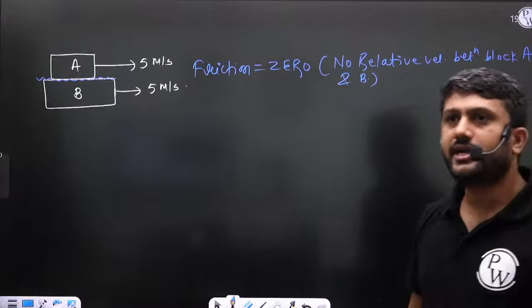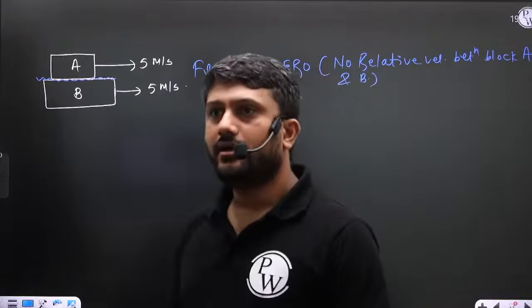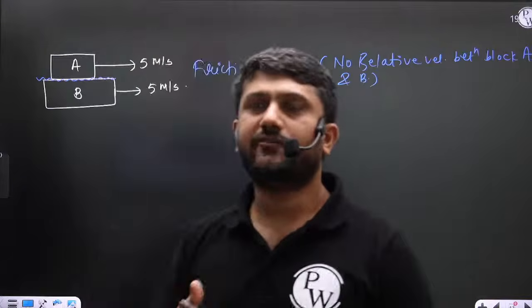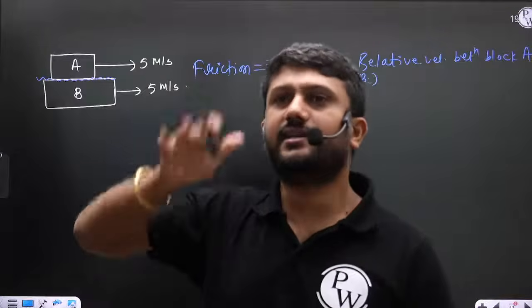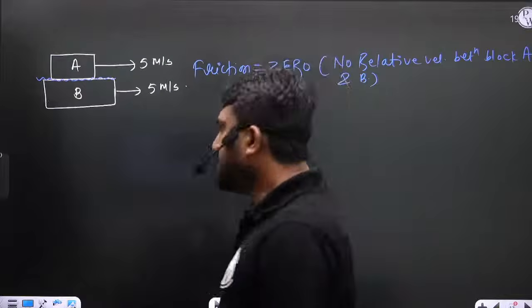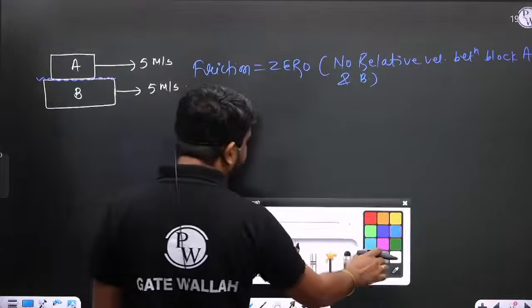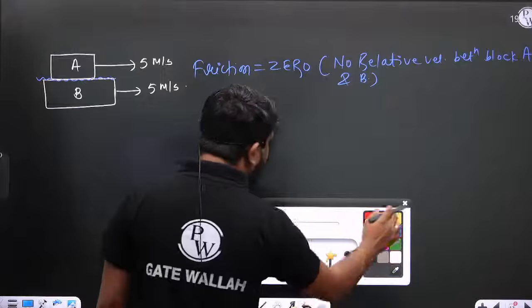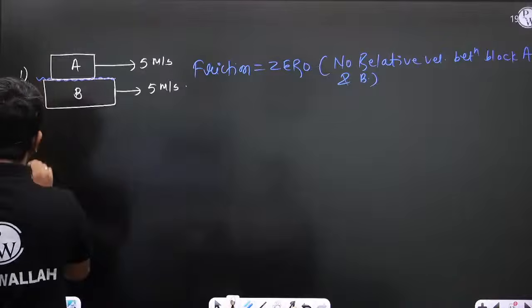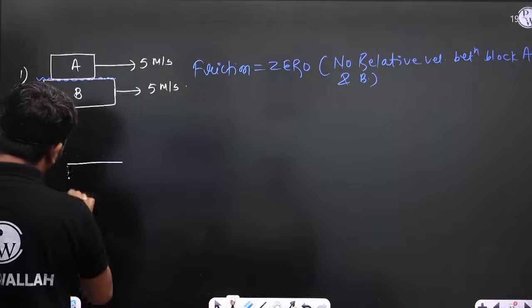So friction comes into the picture when relative velocity is present. This is case number 1. Now come to case number 2.